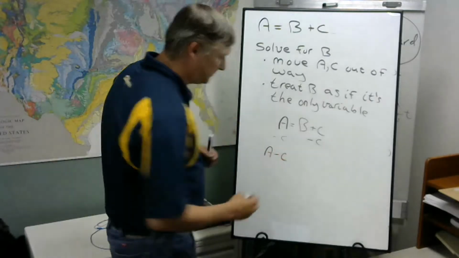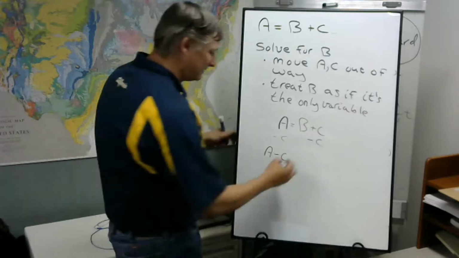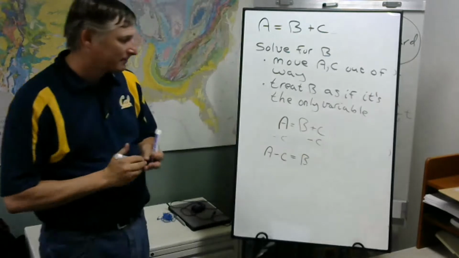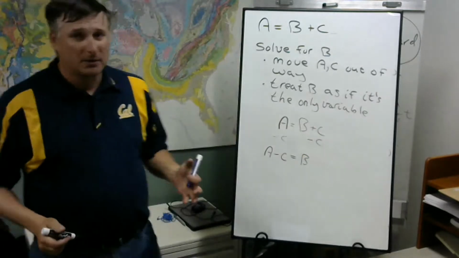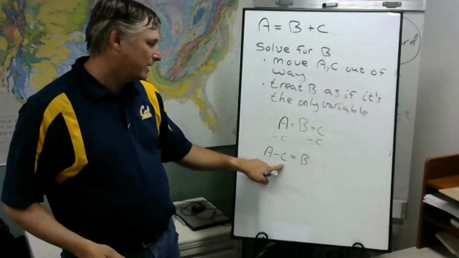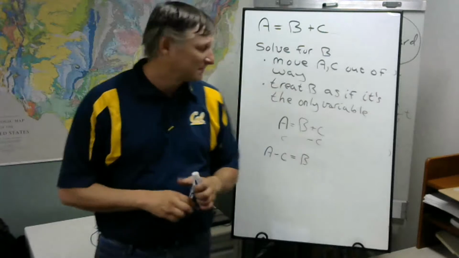So we can only go as far as A minus C. Then these cancel, just leaves B. So now if somebody tells us, well, let A be 30 and let C be 20, we have a formula for B, tells us that B is 10.